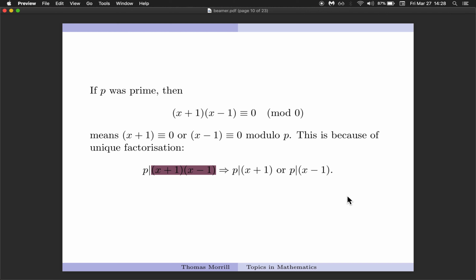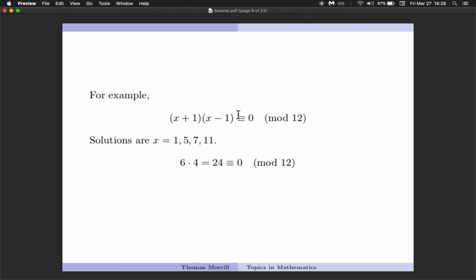And the payoff is that the congruence I'm looking at only has the two solutions if I'm looking modulo a prime number, and it can potentially have more solutions if I'm looking modulo a composite number. So this is the algebra that's going to let me detect prime numbers.